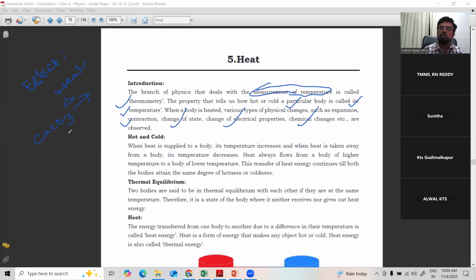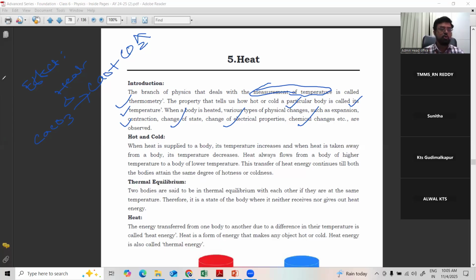When you heat that calcium carbonate, it becomes calcium oxide and carbon dioxide is released. That is also a chemical change. So when you are heating a body, there are a lot of effects: expansion, contraction, change of state, electrical property change, and chemical changes take place. These are all called the effects of heat.